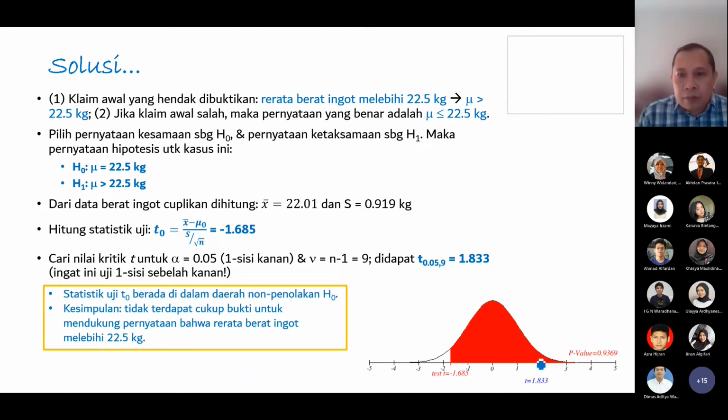So this one is critical t. So this is t at 0.05 and degree of freedom of 9. So this equals plus 1.833. Okay.